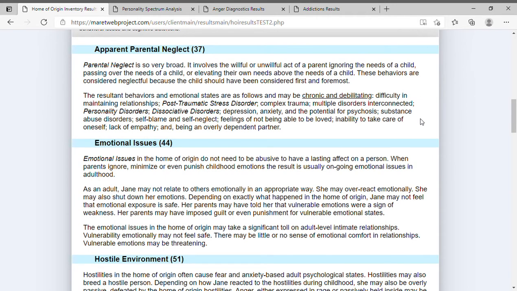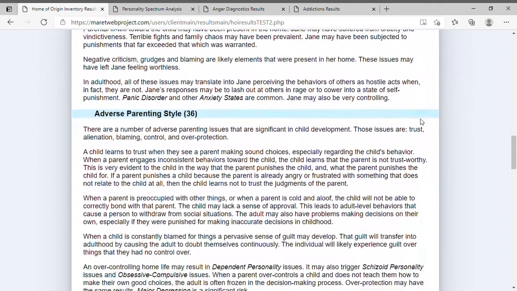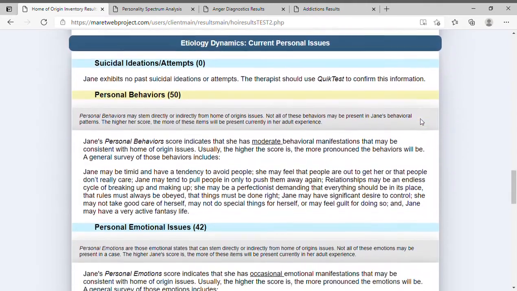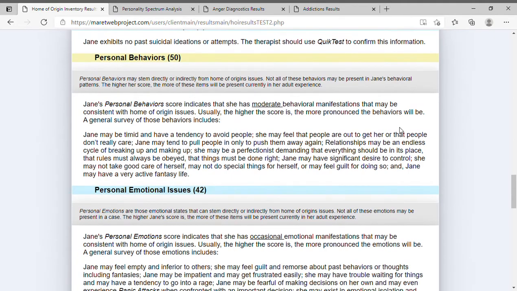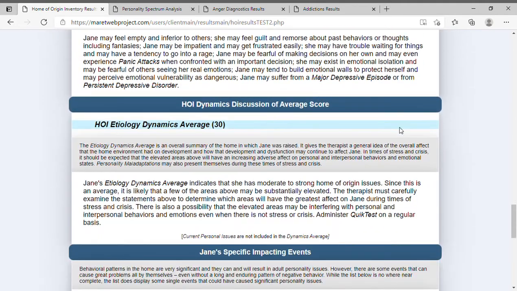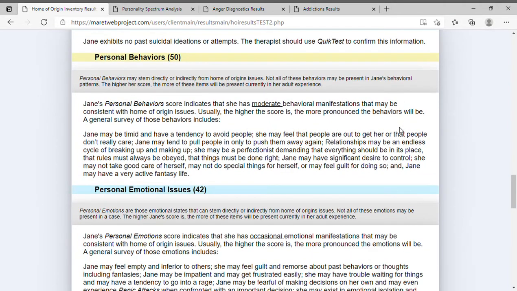So that's how the scoring works here. The current personal issues, suicidal ideations, personal behaviors, personal emotions, those are excluded from the mean. And let's look at personal behaviors here.